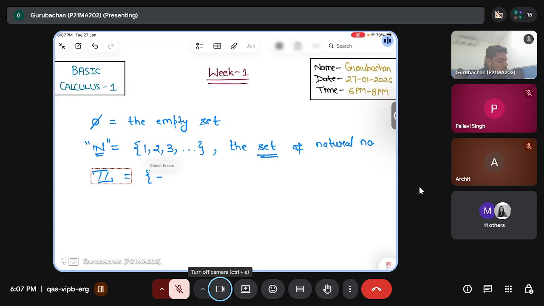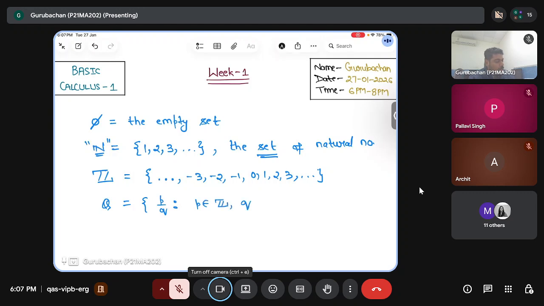So next one is the set of integers. I'll not write, I just say the set of integers. So this will be minus 3, minus 2, minus 1, 0, 1, 2, 3 and so on. Similarly for the rational numbers, we write like this, where p can be any integer and q belongs to the natural numbers.